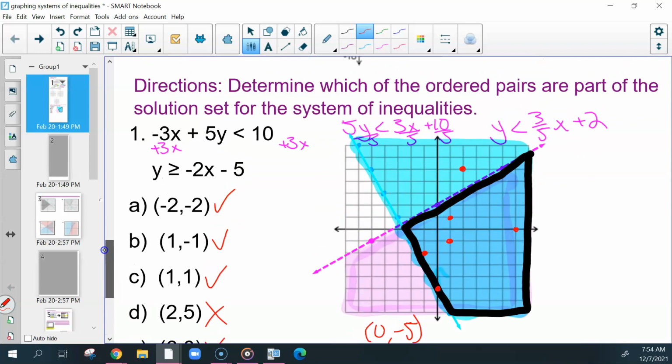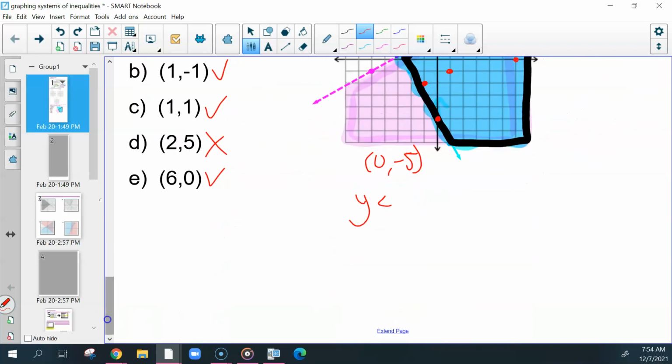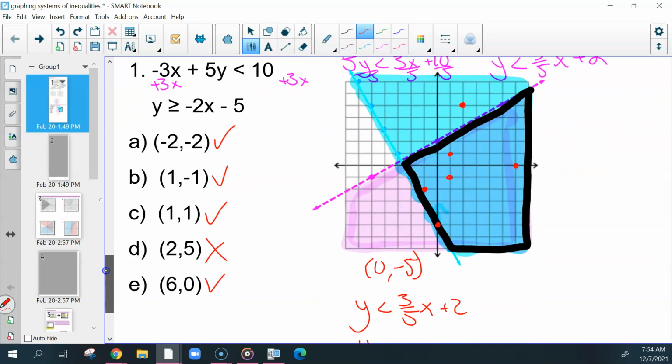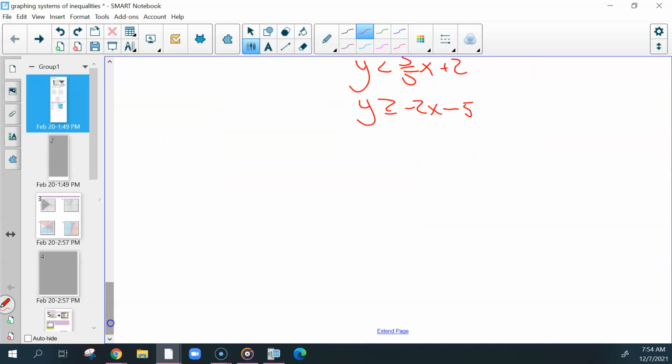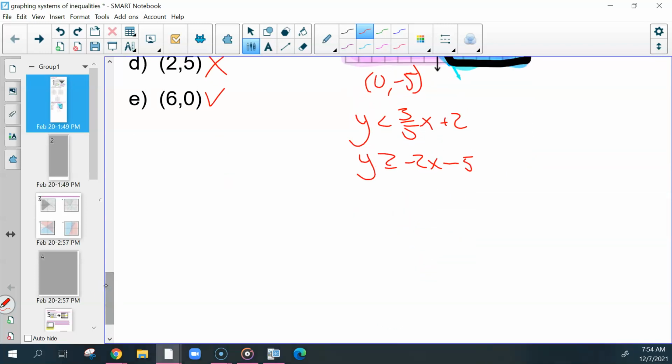Y is less than 3/5 x plus 2. And y is greater than or equal to -2x minus 1.